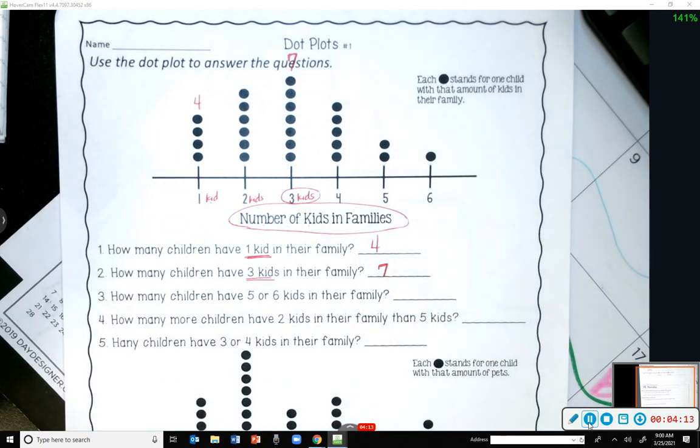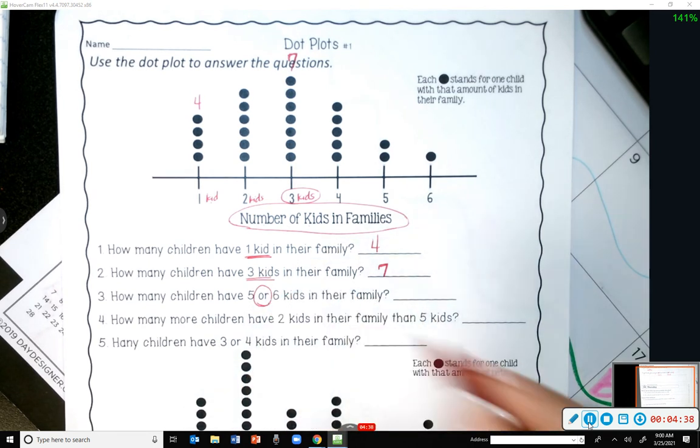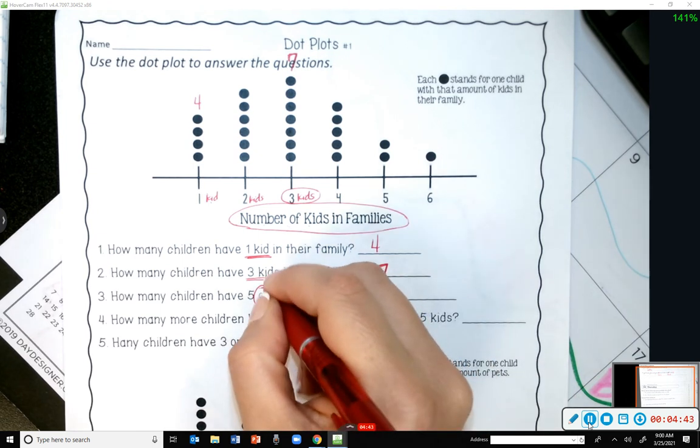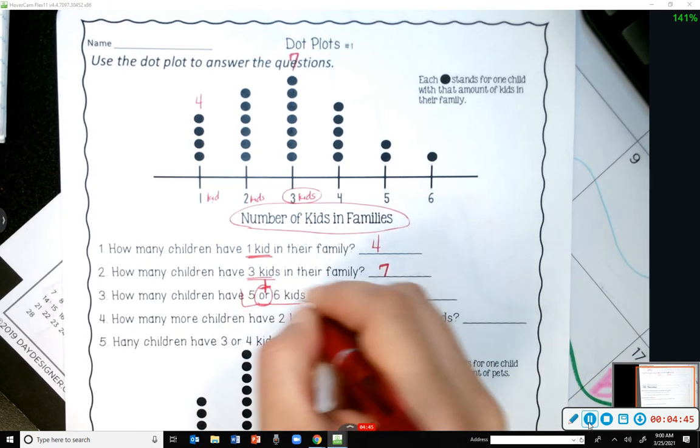Okay, number 3. How many children have 5 or 6 kids in their family? Did we hear a key word in there? Yes. What is it, Javea? Jalen? Or. So when it says or, that means I need to do what? Add. I need to add the dots for 5 and 6 kids. Okay?